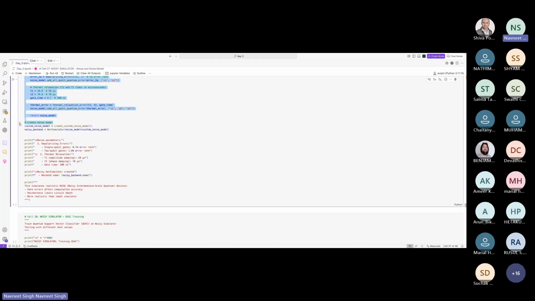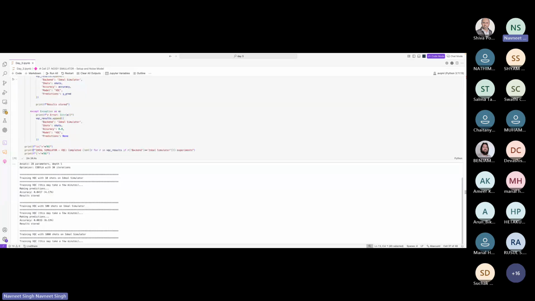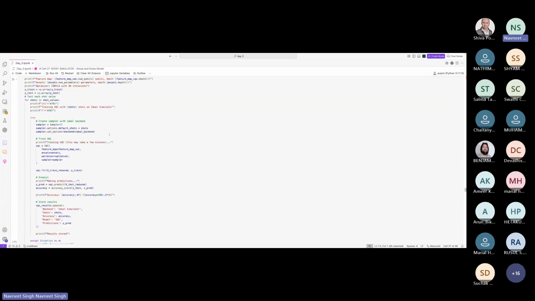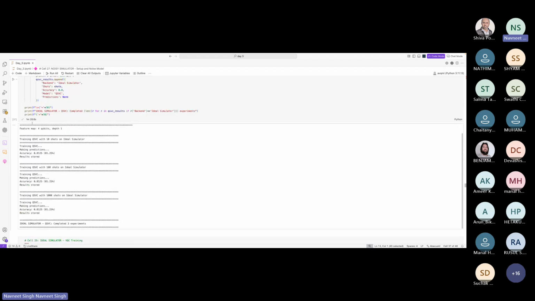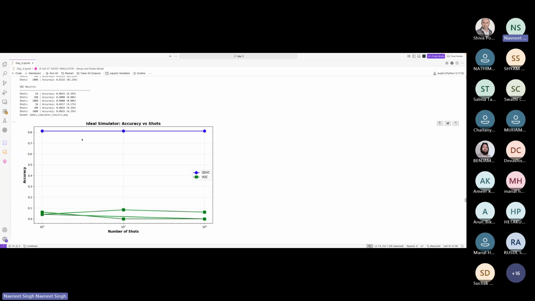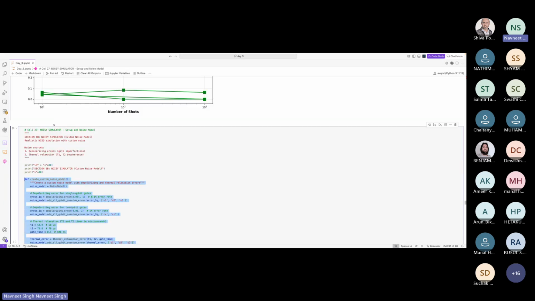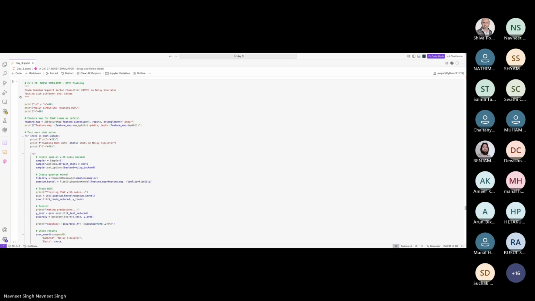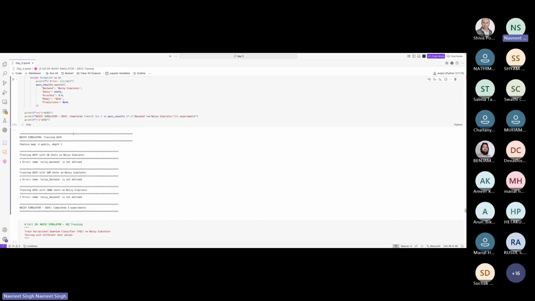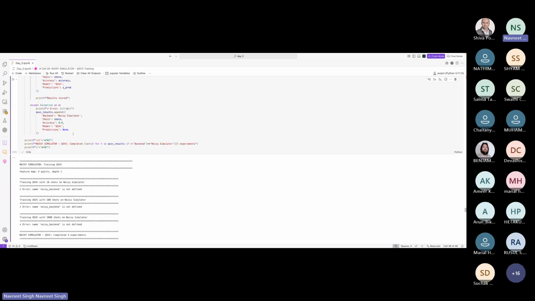If we see, it took at least 2 minutes to run for VQC, and at least one and a half minutes to run QSVC. Let's see how much time it takes when we are using a noisy simulator. Okay, this is a noisy background.